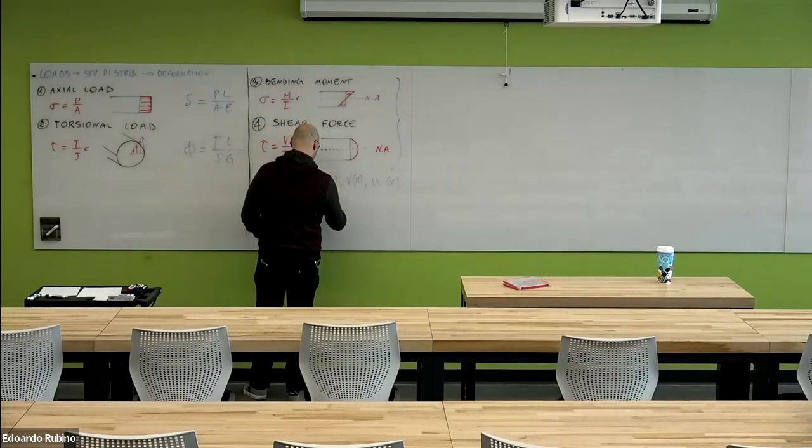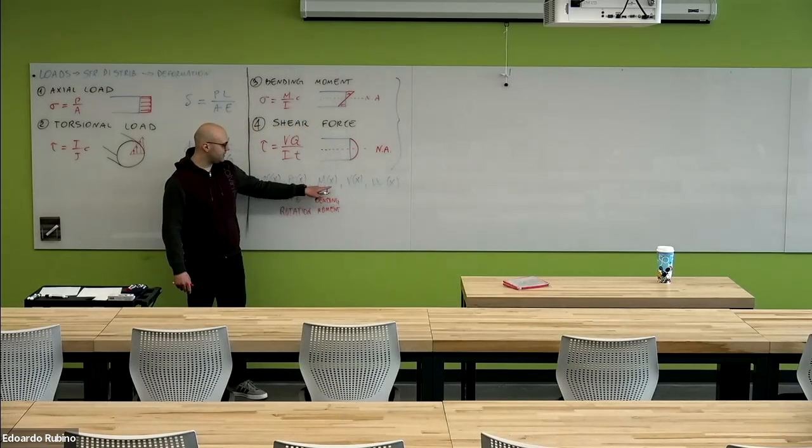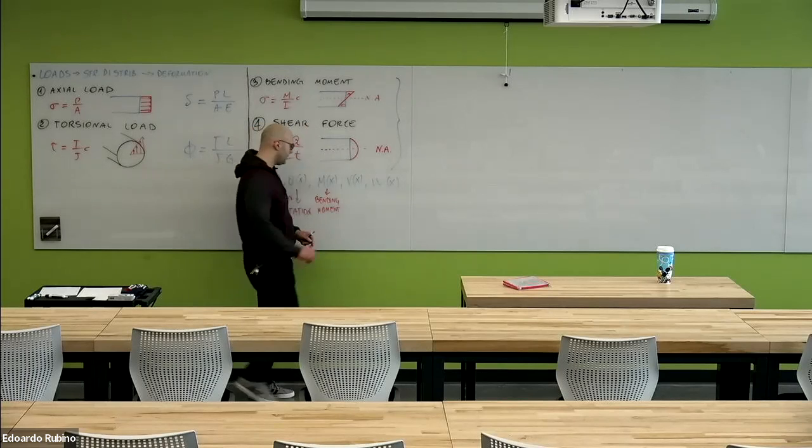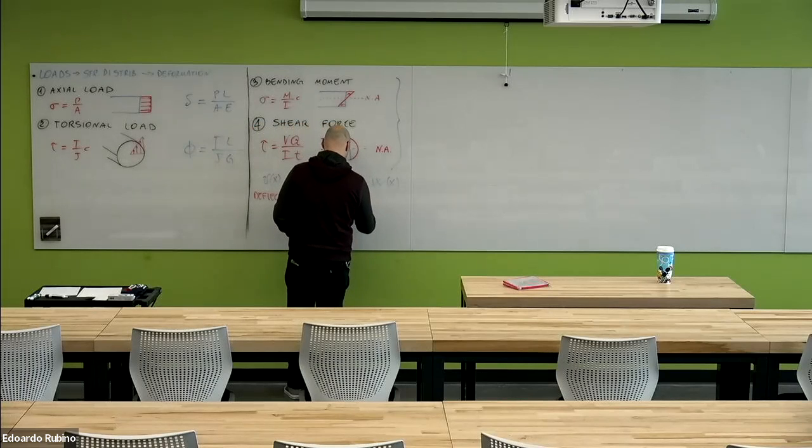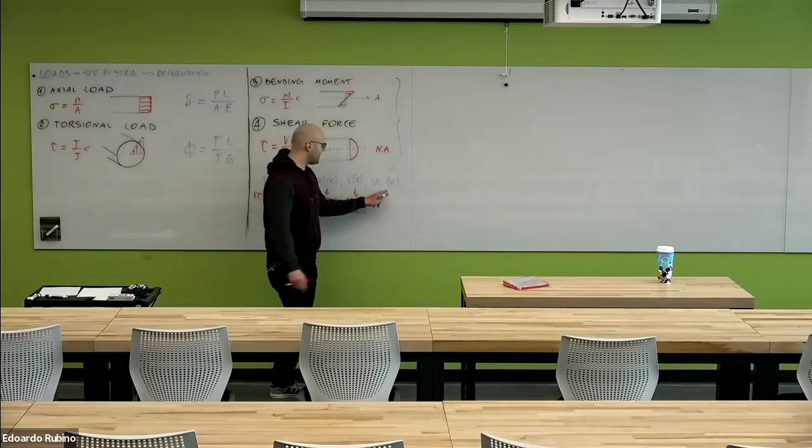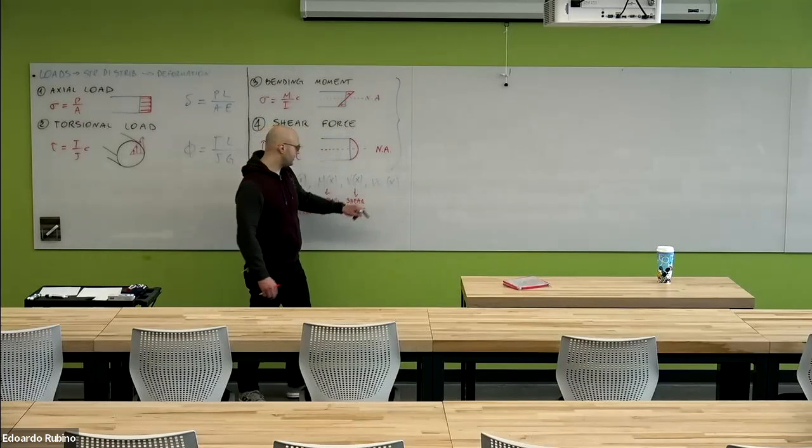Then we have the bending moment, so how the bending moment is distributed along the cross section. Then we have the shear force. And then we have the transverse load.